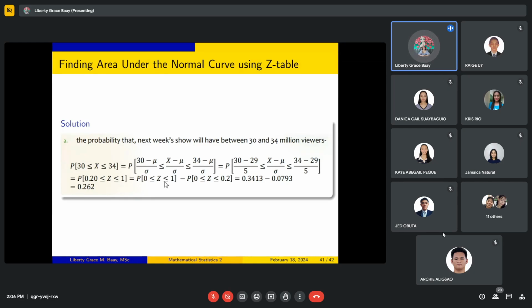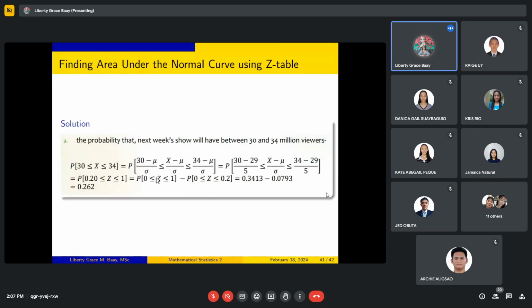Which means the probability of z is between 0.2 and 1. The probability of z equal to 0 is 0.5, so 0.5 minus 0.5 is 0.